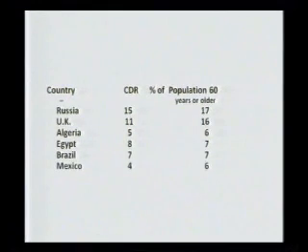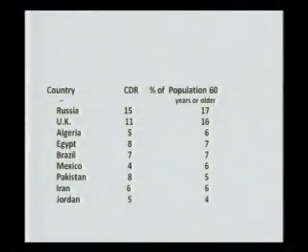For example, you can see in the slide that countries which are more developed have more people in the older ages, and the countries which are less developed have fewer people in the older ages. The percentages are much lower. That corresponds with a high crude death rate, for example, in Russia and UK, and low death rates in countries in the Middle East, in Brazil, Mexico, Algeria, Egypt, Pakistan, Iran, Jordan.